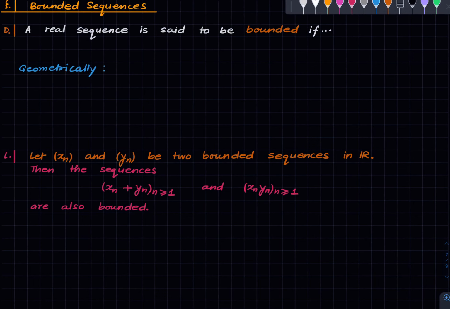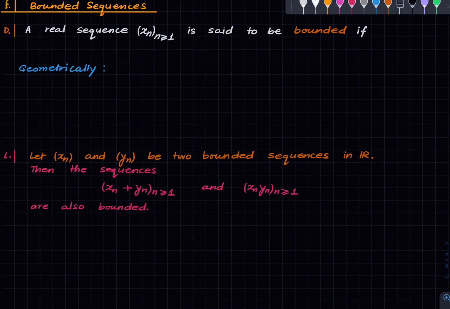So now we will discuss bounded sequences. A real sequence is said to be bounded if the corresponding set... So a real sequence, let us give it a name or have a reference to discuss it. Let us use this as the notation for the real sequence.